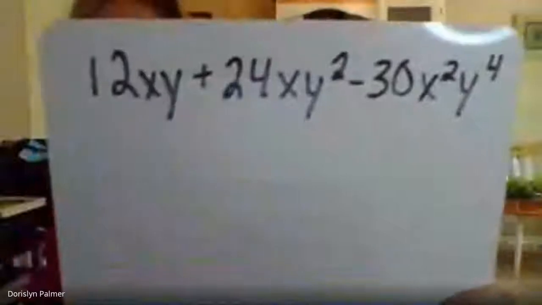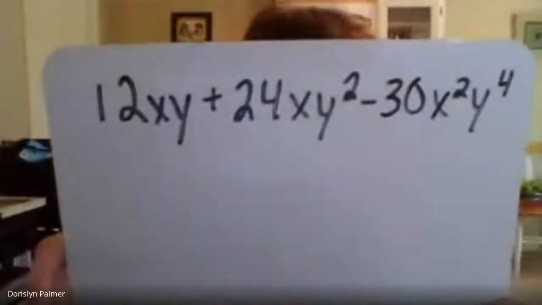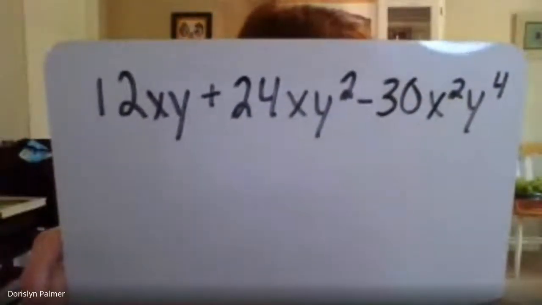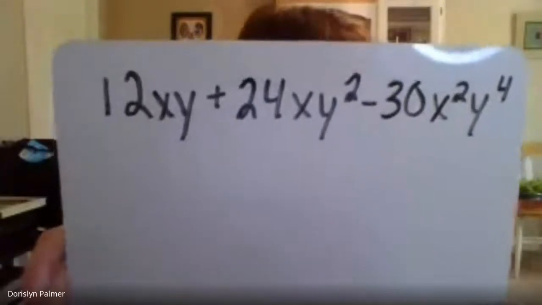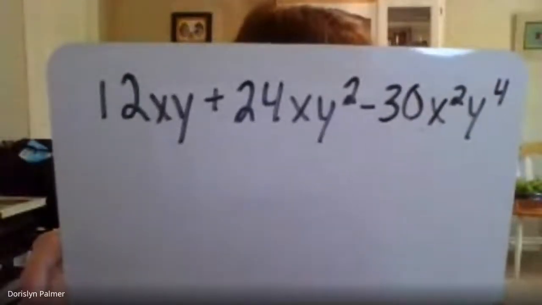I'll show it to you in a second, but you can start writing 12xy plus 24xy squared minus 30x squared y to the fourth. Okay, 12xy plus 24xy squared minus 30x squared y to the fourth.